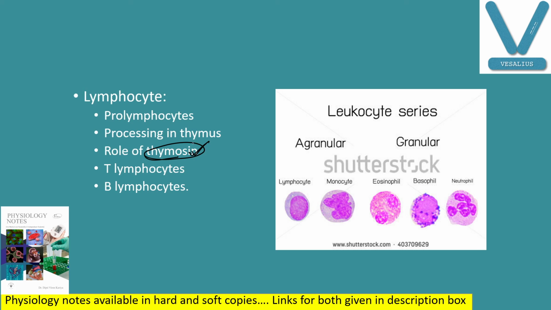Some lymphocytes are processed in the liver and bone marrow and they form B lymphocytes. So T and B lymphocytes are according to their function. Small and large lymphocyte is according to their morphology or according to their age. If the cell is young, that is the larger one, large lymphocyte, and if the cell is older, that is small lymphocyte.